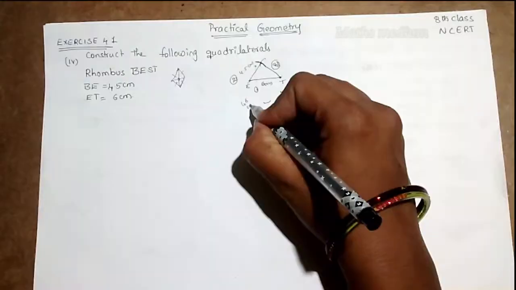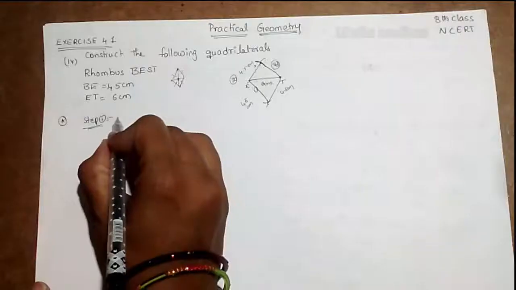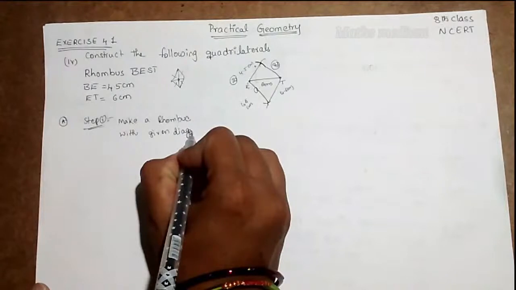So let's start the construction of the rhombus with the answer. Step 1: make a rhombus with the given diagonal, that is ET equal to 6 centimeters.